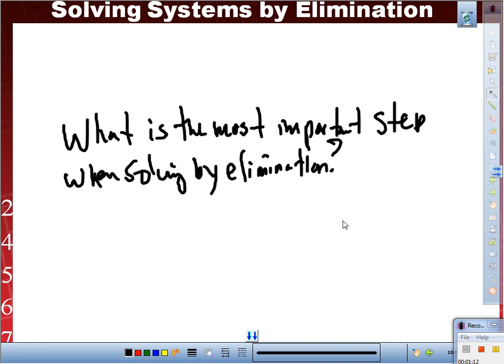What is the most important step when solving by elimination? Right, because you're going to fill that in by yourself once we do the lesson.